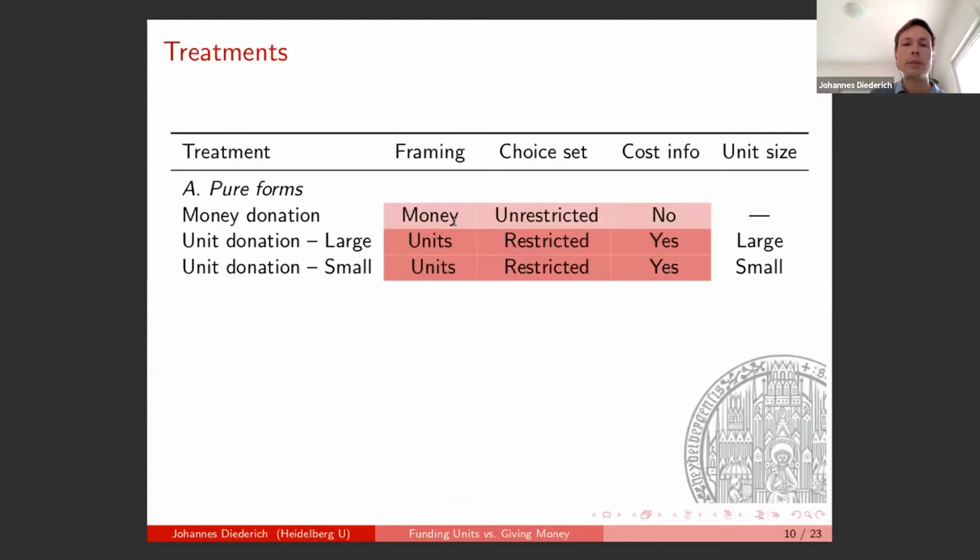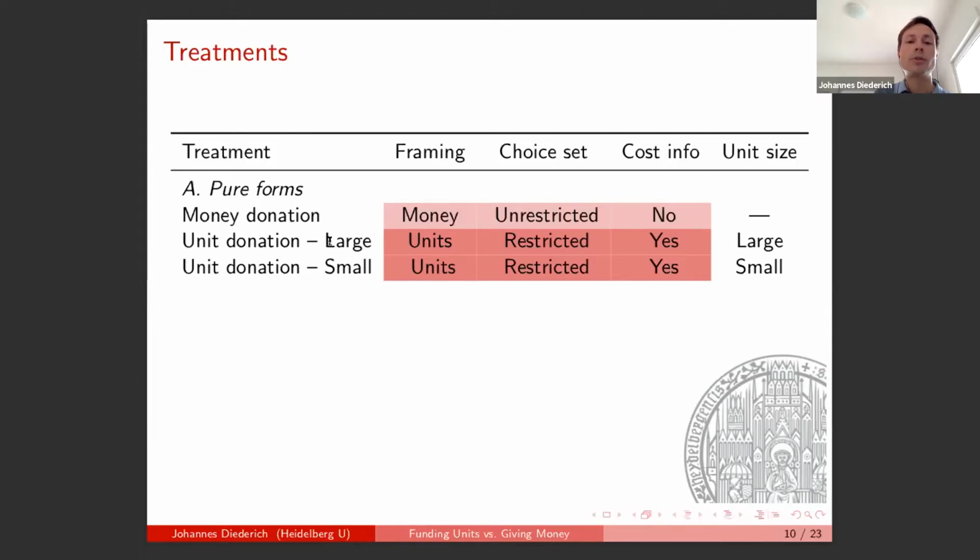The treatments that we ran consisted of 3 treatments that represented pure forms of those 2 elicitation types. You see here the 3 dimensions at which the 2 schemes differ, and you see we ran one money donation treatment where the framing is in money, the choice is completely unrestricted, and there is no information about the provision cost given.